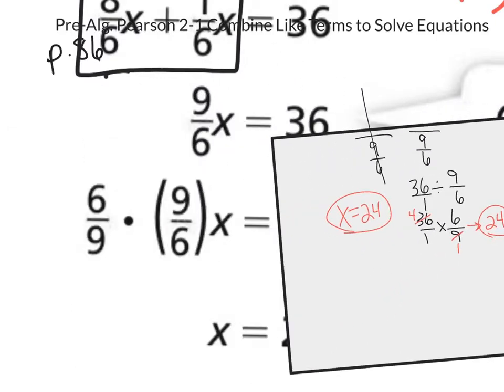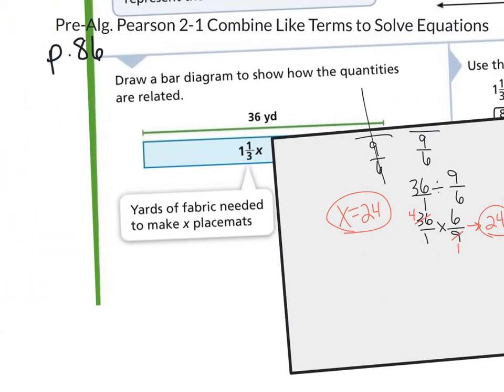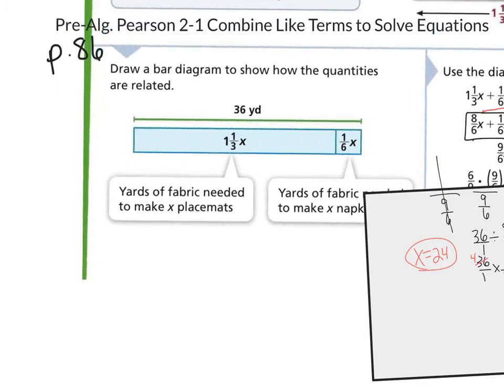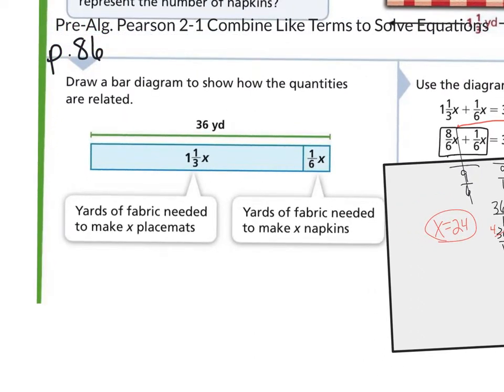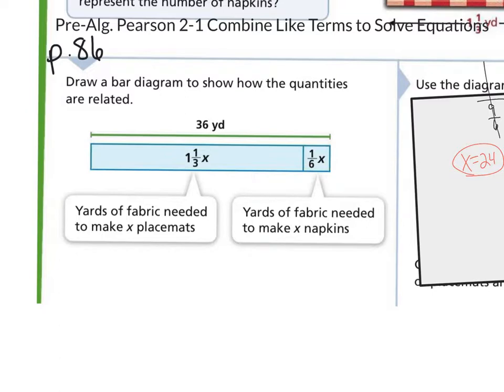The other method of doing this, another idea, is you can use a bar diagram. And then another idea, technically, if they don't tell you you have to use an equation, you could just say I need 1 1/3 yards and I need 1/6 of a yard. You could add those together and get 9/6, or I guess that would be 1 3/6, which is 1.5. That's basically saying you need 1.5 yards for each set.